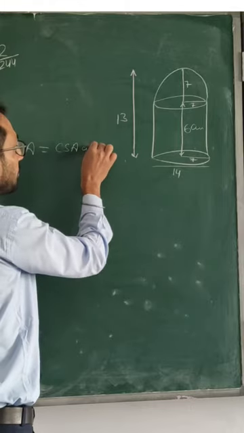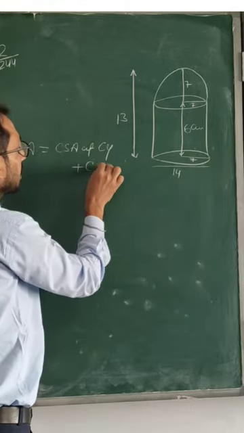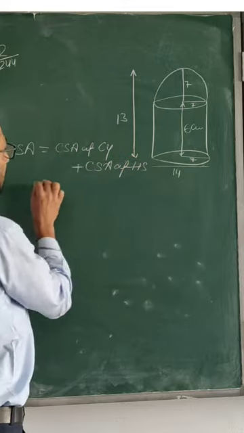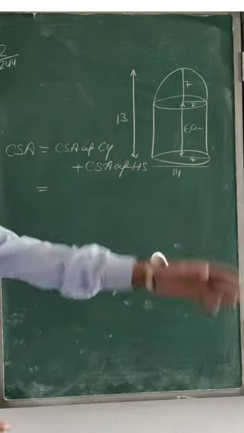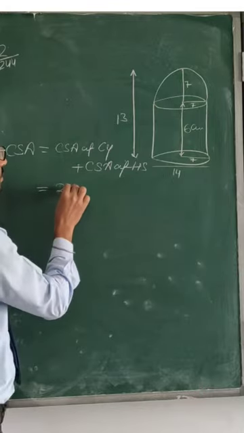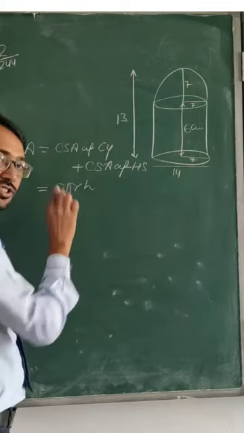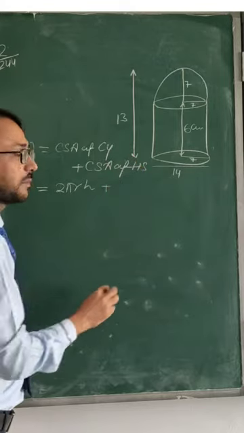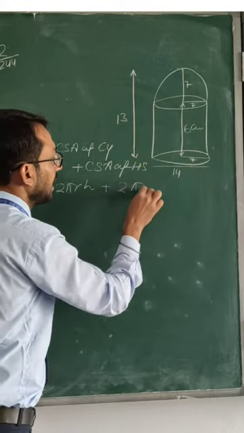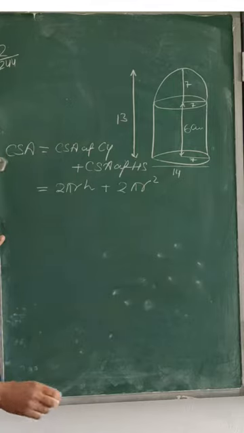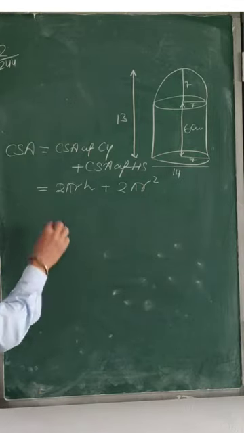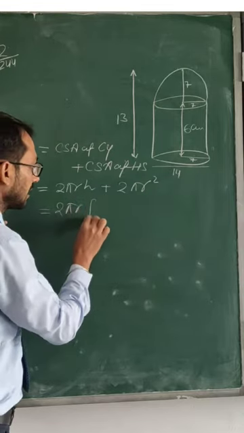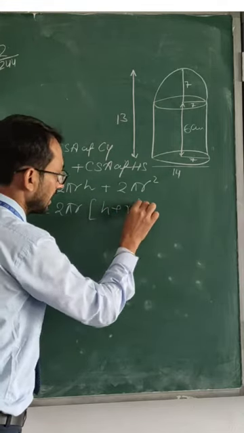Curved surface area of the cylinder is 2 pi r h, plus curved surface area of the hemisphere is 2 pi r square. Either we could take common or simply calculate. I am taking 2 pi r common, h plus r.